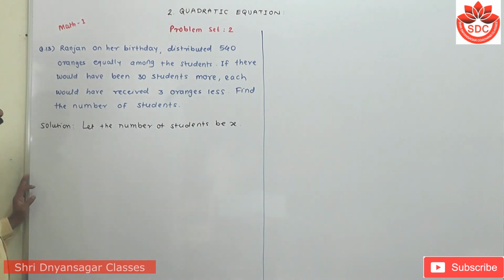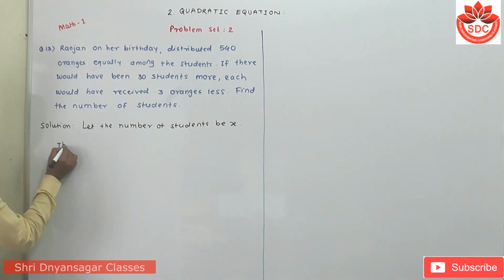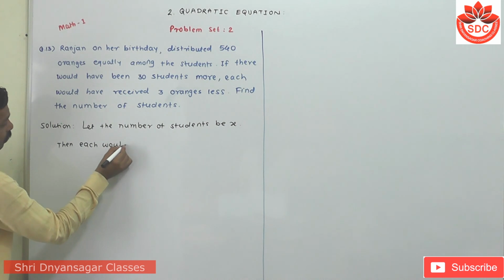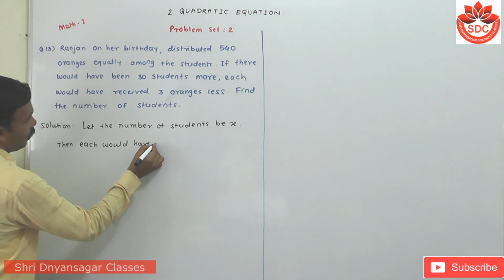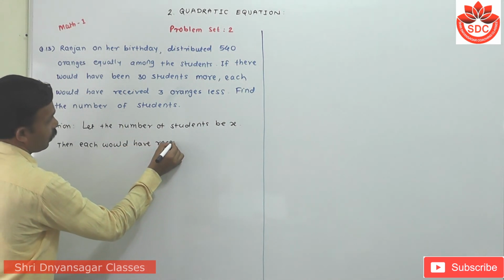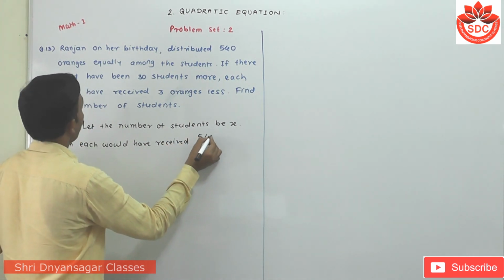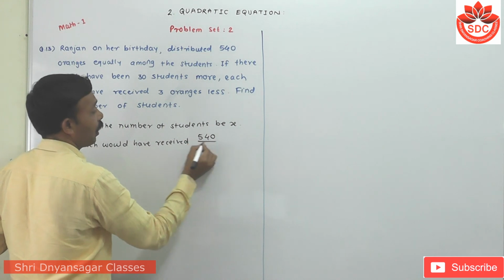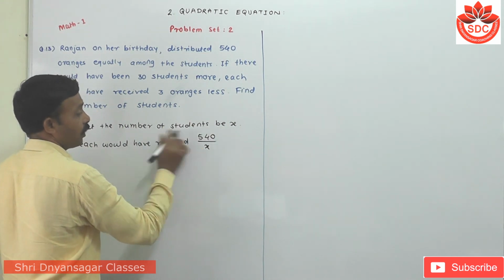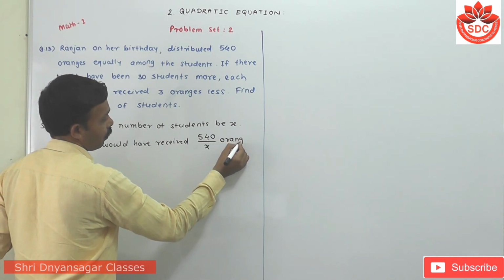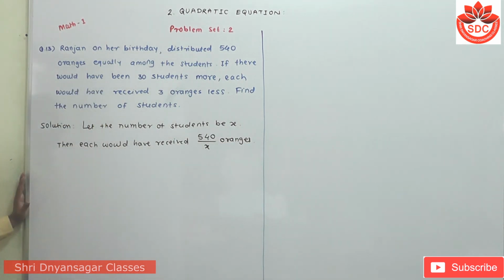Then each would have received, we have to find how many each received. There are 540 total oranges. We have to divide by the number of students, means that 540 upon x oranges. Can you understand this step? Okay.